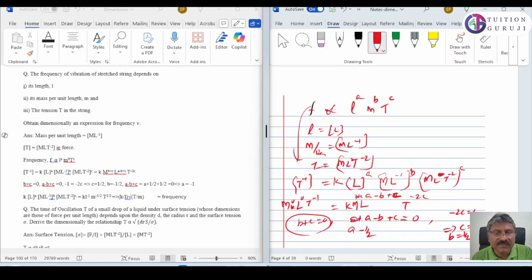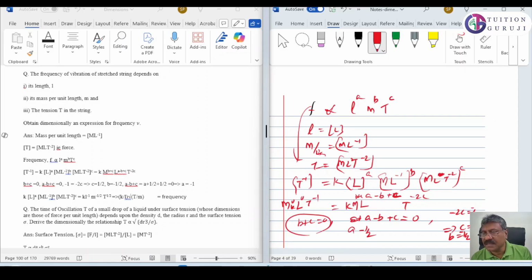B is equal to half. Okay, c, what we received is actually minus 2c, minus 2c is minus 1, so actually it's a mistake. So c is equal to plus half. So b is equal to minus half here, because it is minus 2, c is equal to minus 1. So c is equal to plus half, b is equal to minus half.